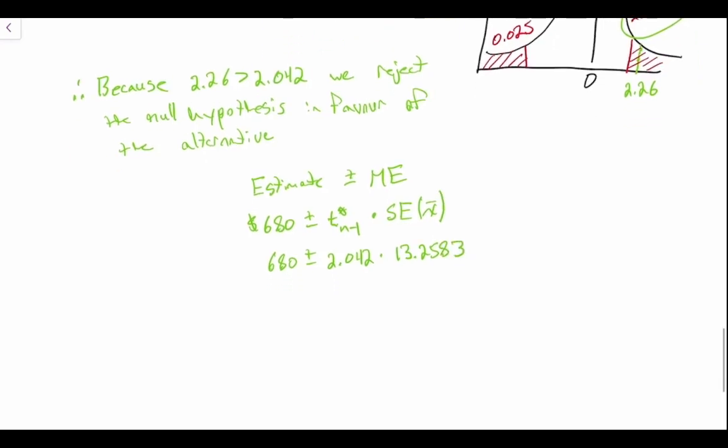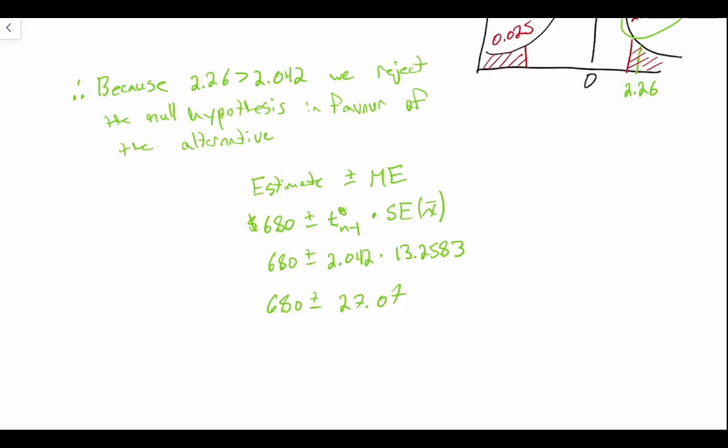So this becomes 680 plus or minus 2.042 times 13.2583, plus or minus 27.07.